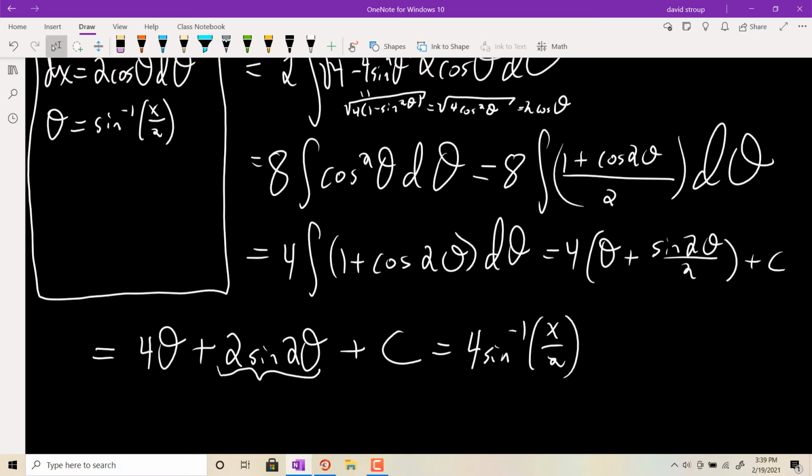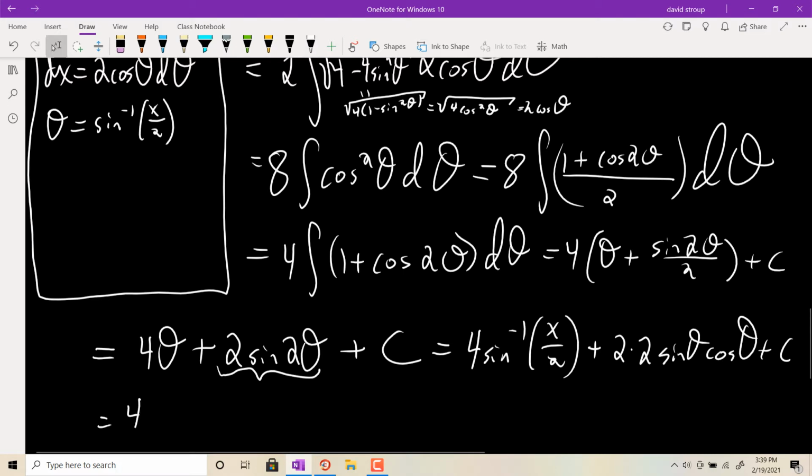Well, first I'm going to have to use the double angle formula, believe it or not. So this will turn into 2 times sine of 2 theta, which is equal to 2 sine theta cosine theta, right? So 2 times 2 sine theta cosine theta plus c. Okay. Then what do you have there?